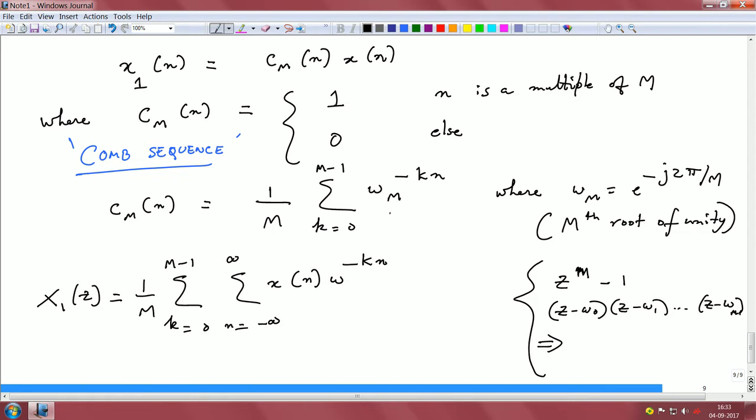So I am just removing this index m in this root, it is implied, z power minus n.